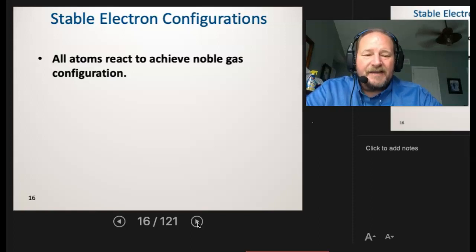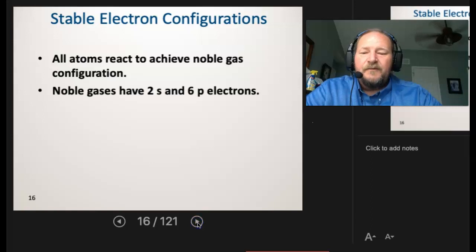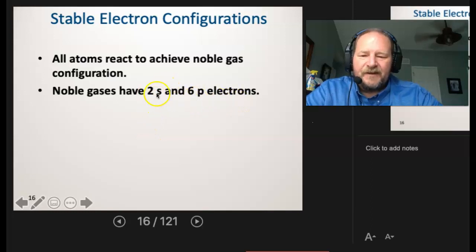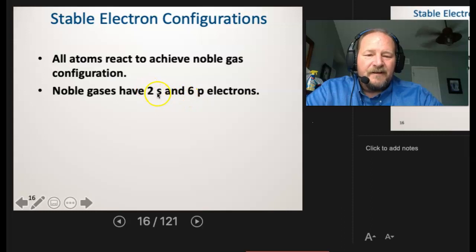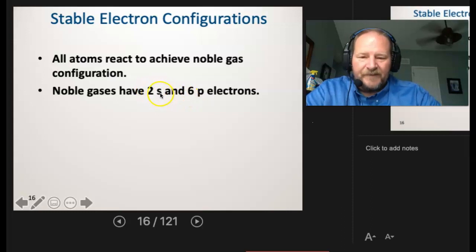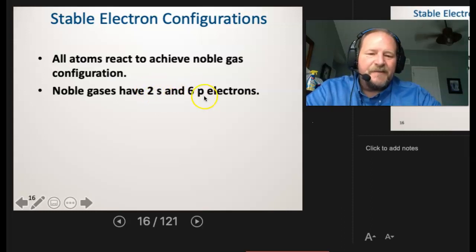Now remember, noble gases are in group 8A, which means we're looking at s2 and p6 electrons. This maybe should be superscript. I don't mean to confuse anybody here. We need 2 electrons in the s and 6 electrons in the p. These are not meant to be coefficients. I'm not saying that we have to have electrons in the 2nd energy level of s and the 6th energy level of p. That would make no sense.